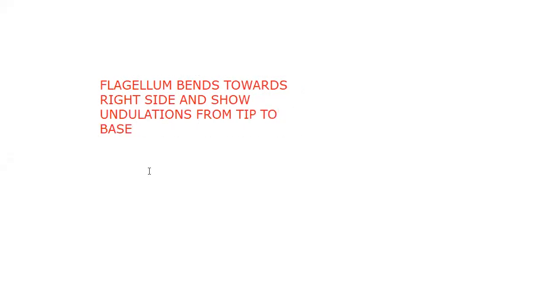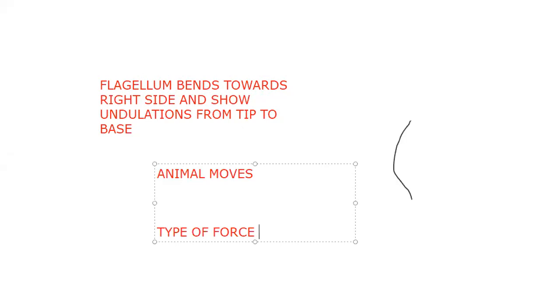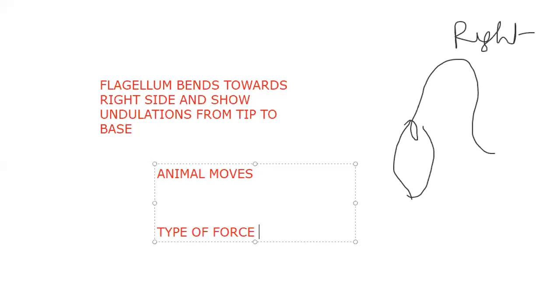So we have two questions here to ask. Where the animal moves and the type of force. Right side and pulling force. Very good. That shows you understand very well. Right side and pulling force, and undulations from tip to base.